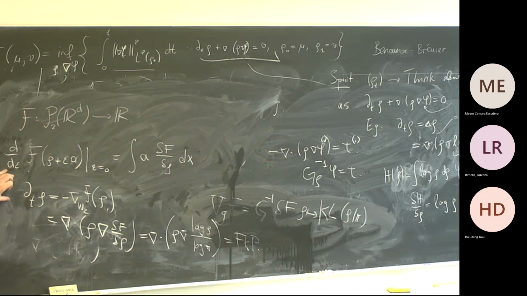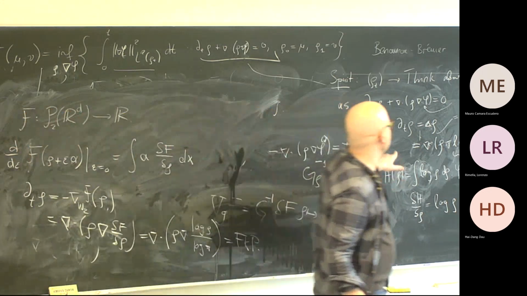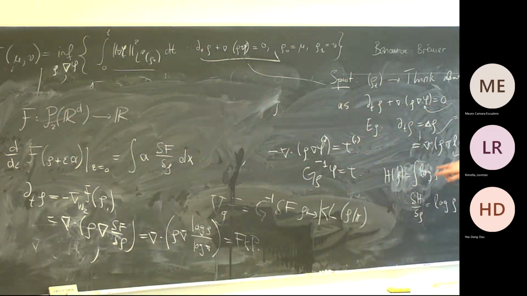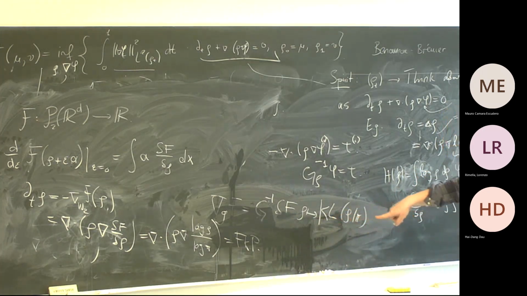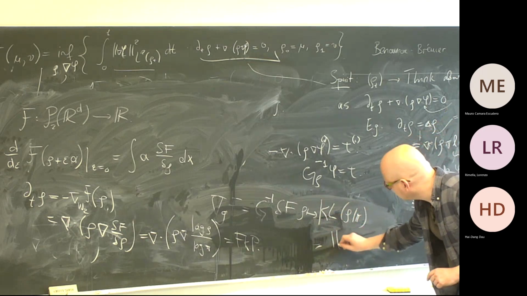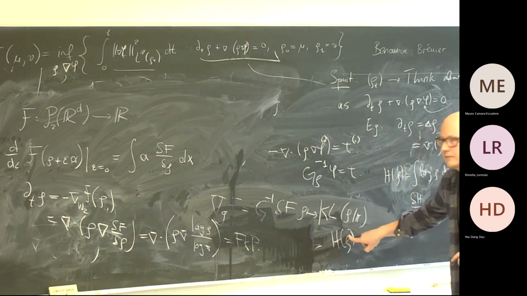So this is an extension of what Juan also said, that the heat equation is a gradient flow of this, but the overdamped Langevin dynamics, or the Fokker-Planck equation associated to it, is a gradient flow with respect to the KL. This has two terms.